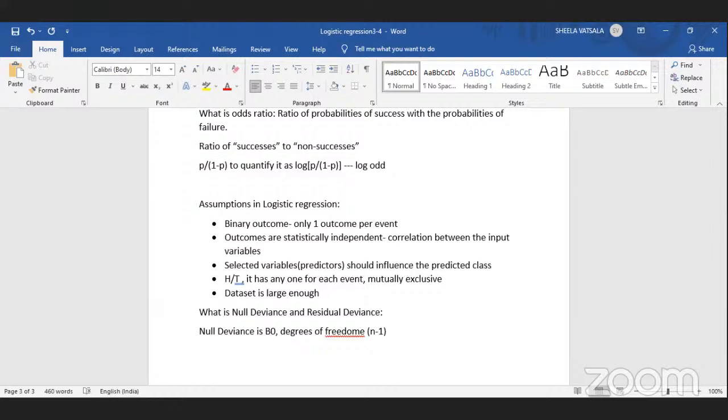So this is how we will calculate. What is n here? N is the number of observations.